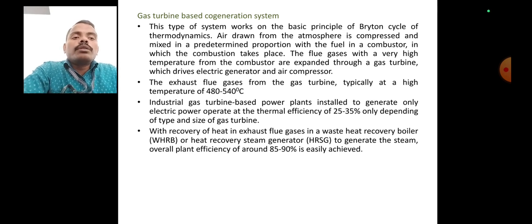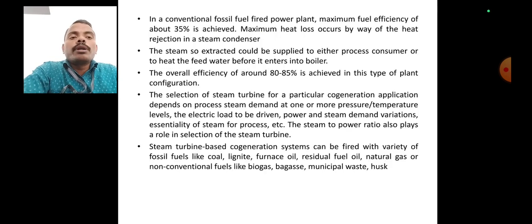In a steam turbine based power plant, the main focus is on increasing the fuel efficiency. In commercial electricity production, a plant efficiency of about 35% is achieved. Using the cogeneration system, we utilize the waste heat ejected from the condenser tubes and the flue gases.